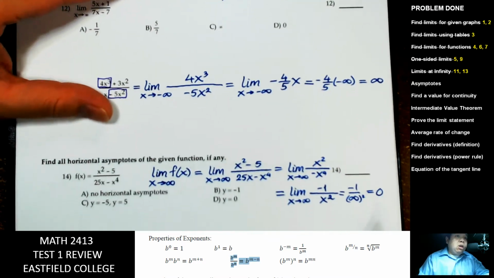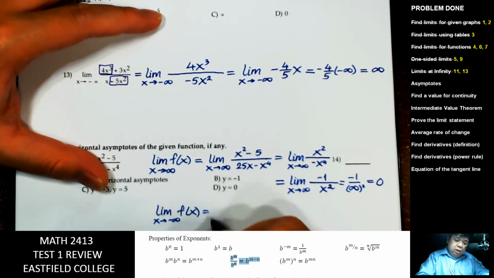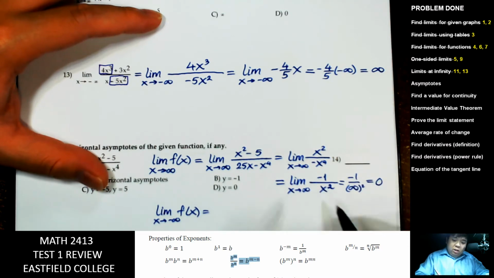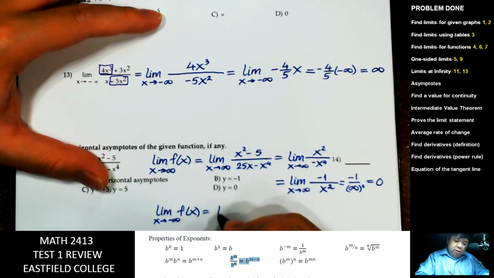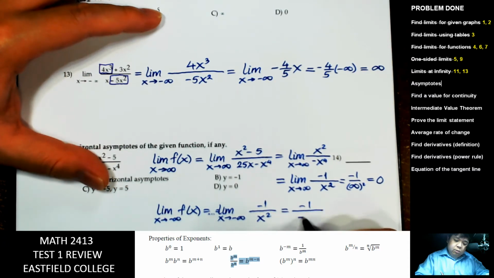We should do the same thing for the limit of the function when x goes to negative infinity. The same thing would happen up to this step. I'll just dot dot dot and equal to x goes to negative infinity. It doesn't matter if it is positive or negative infinity, that's still 0.